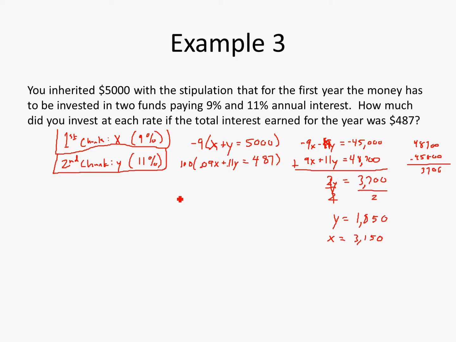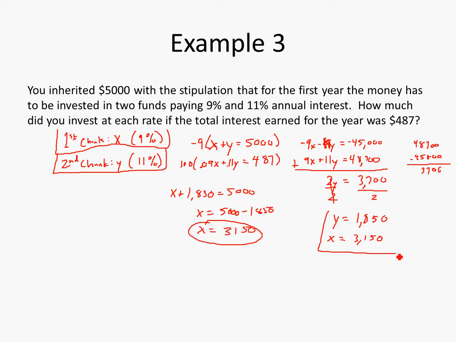Since we found y was 1,850, x plus 1,850 equals 5,000, so if you subtract 1,850 from both sides, x would be 5,000 minus 1,850, which would equal 3,150.